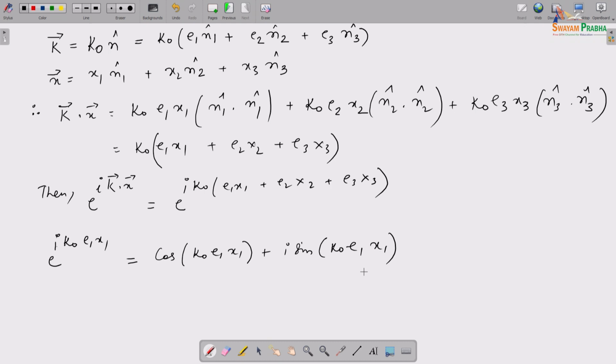So similarly, you see where I'm going from here, right? e to the power i k naught e2 x2 is equal to cos(k naught e2 x2) plus i sine(k naught e2 x2), right?